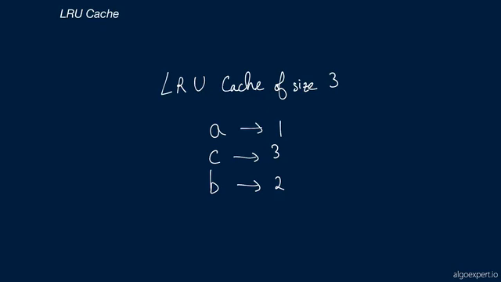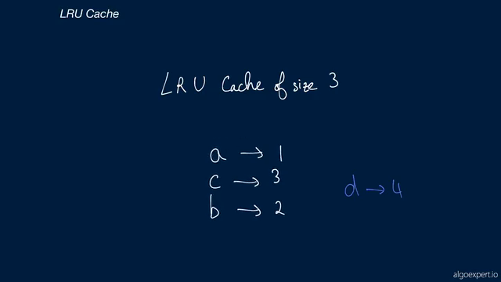Then, if we were to insert another key value pair, let's say that we wanted to insert D mapping to 4, right? What would happen is we would shift all of our values down. We would put D4 at the very top of the LRU cache because D4 would now be the most recent key value pair.